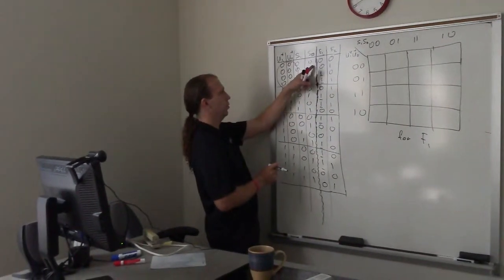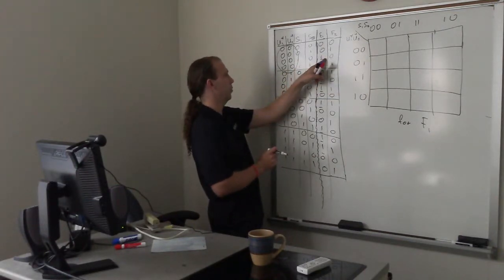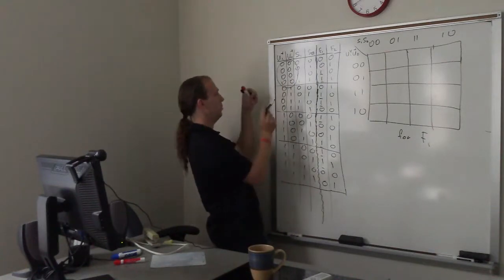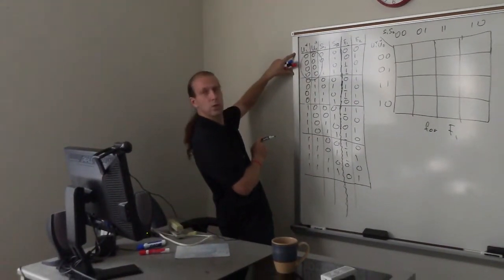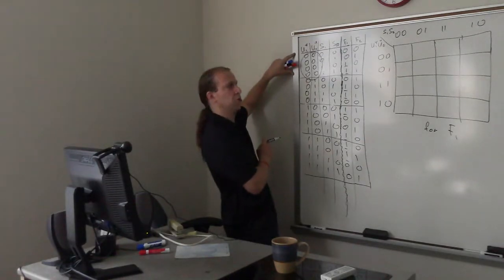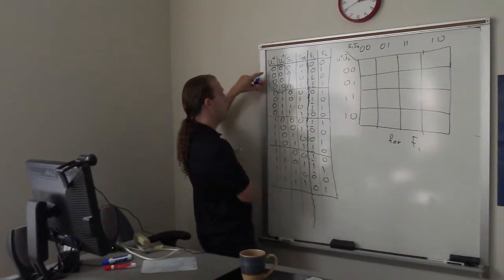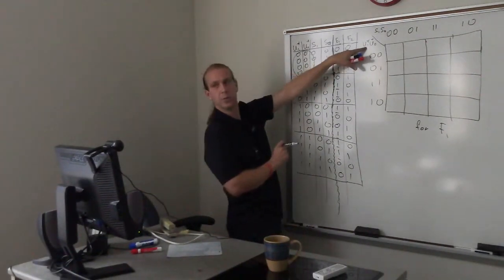So let us put ones in those cells which correspond to that term, which is 0, 0, 1, 0. Actually, let me skip the first block because the first block are all don't care conditions. So in other words, everywhere where we have 0, 0 for these two terms is don't care.